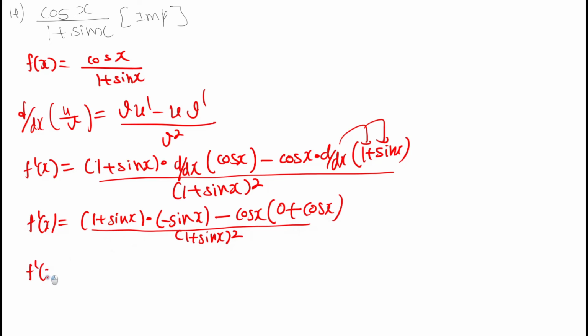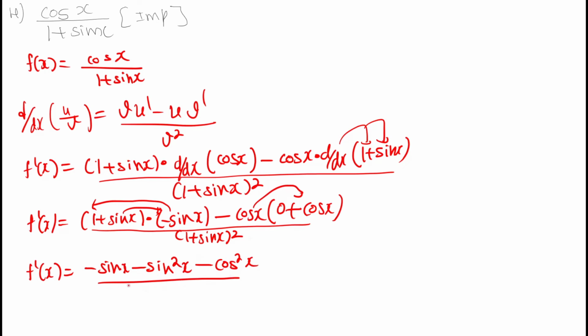So f dash of x is equal to, see, multiply: minus sin x into 1 is minus sin x, minus sin x into minus sin x is minus sin square x, minus cos x into cos x is minus cos square x, divided by 1 plus sin x whole square.